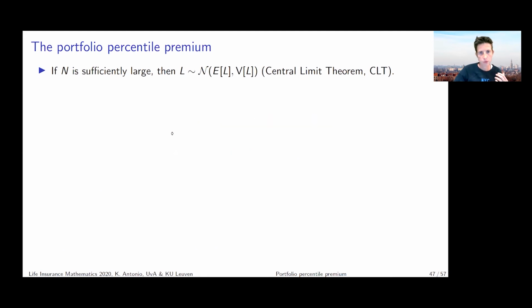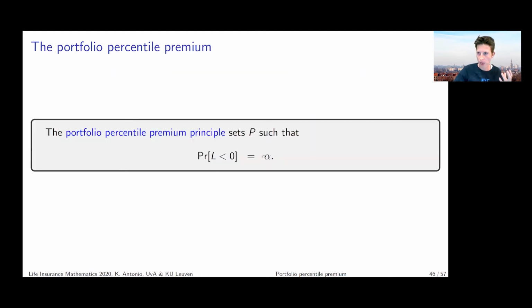And we impose this particular condition here. We want to have, with a certain given probability alpha, we want to make a profit, and we want to know which premium P will lead us to this profit with given probability. That's the kind of calculation we want to do in here.